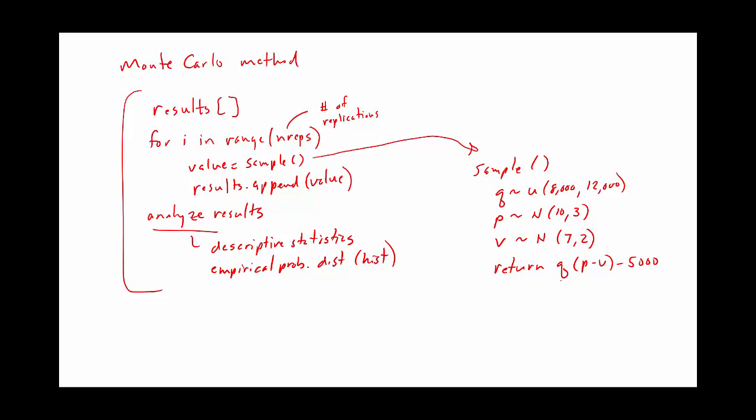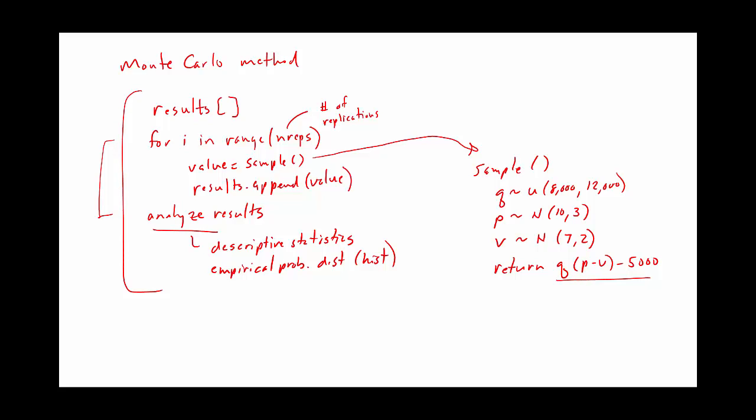And so this is our expression of total profit. And so the sample function here, the sample subroutine, is essentially equivalent to reaching into the population and pulling out one independent sample. And when we go in our n_reps loop, that's equivalent to drawing a random sample of size n_reps of observations of our random variable.